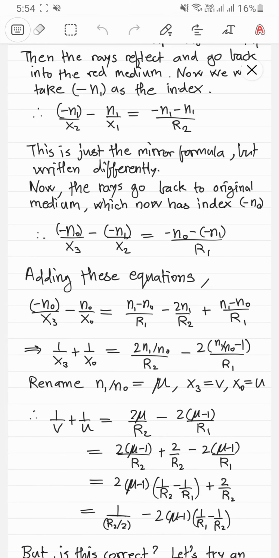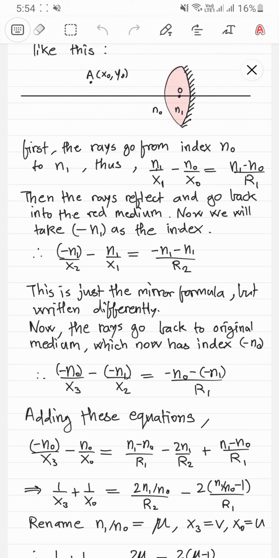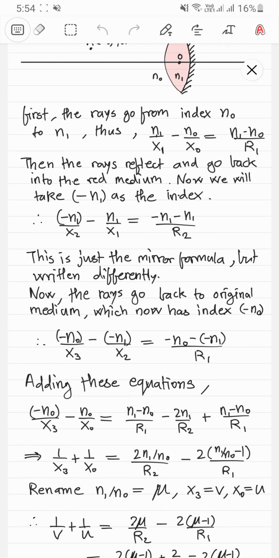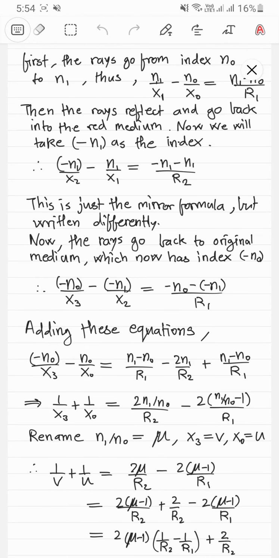So these are always going to be added up, right? You actually won't have to write down these three equations. You just have to write down the last refractive index, which is negative n naught, upon whatever the image x coordinate is, so negative n naught upon v, and then minus the initial refractive index, which is just n naught, upon the initial x coordinate, which is just u, right?